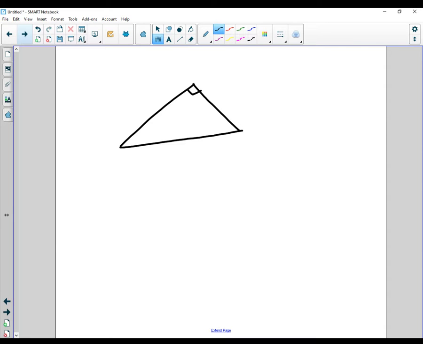Maybe I have a right triangle, and let's just say this side is 8. Let's say this side is 15. Okay. And let's say I wanted to find the area and perimeter. Perimeter, you just add up all the sides, right?